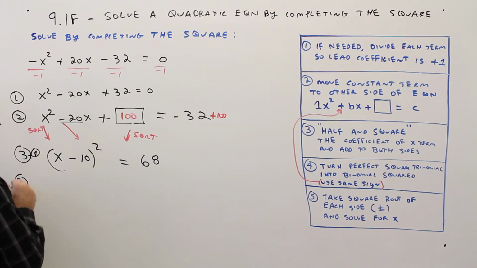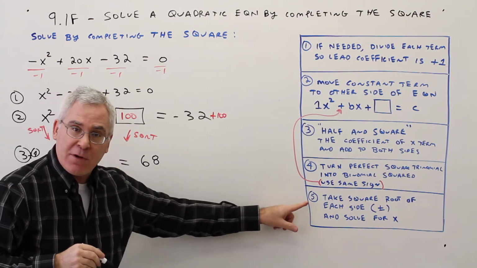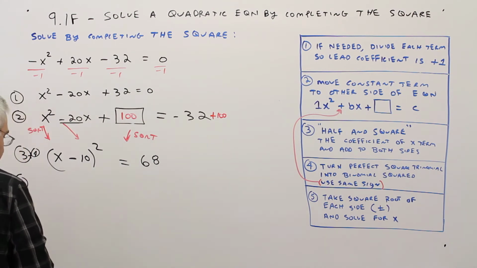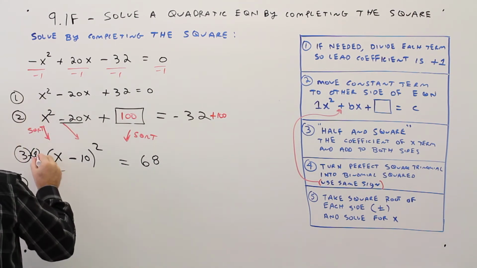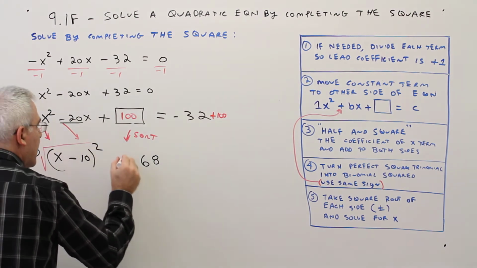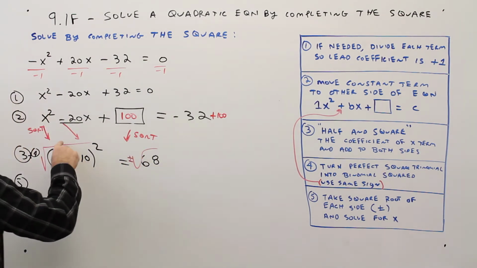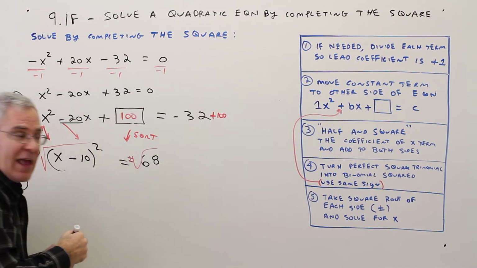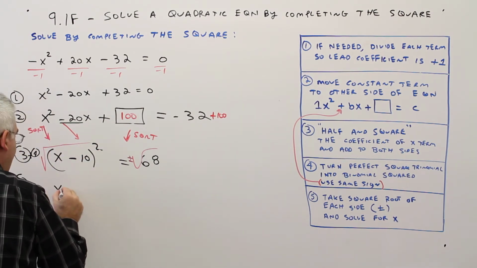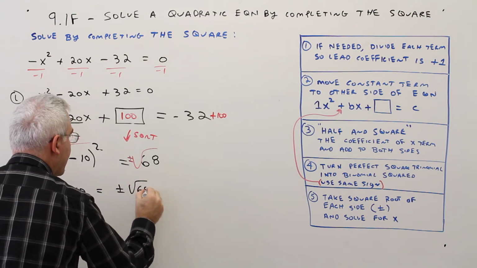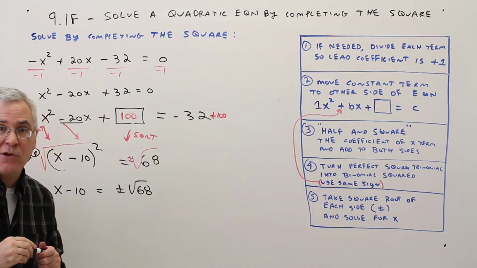Step 5. Take the square root of each side, remembering to do plus or minus square root in the right. So what I'll do is I'll take the square root of this side, and I'll do plus or minus the square root of that side. So this square rooting undoes that squaring, and I get x minus 10 equals plus or minus the square root of 68.